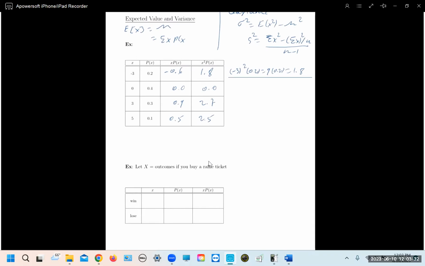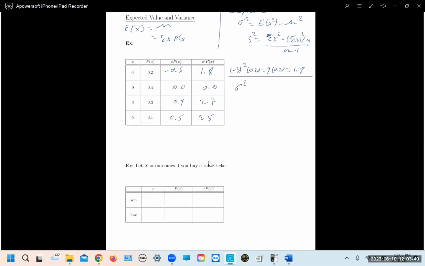So we have the variance. Variance is sigma squared, which equals E of x squared minus mu squared. So we go back here and add them up.